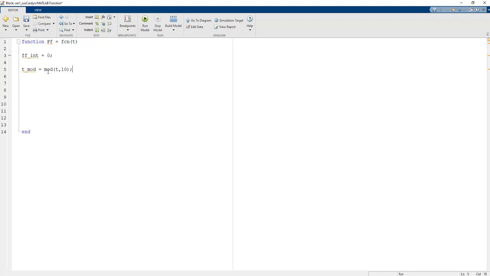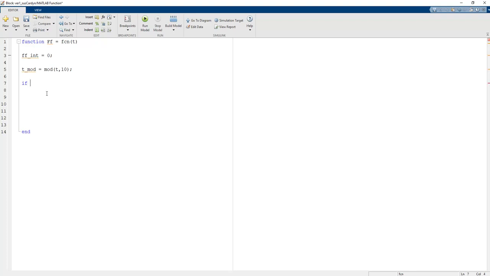It's used to create a periodic force, because every 10 seconds this code is repeated by using this mod. The range of t mode is 0 to 10 seconds, and we can condition t mode in order to create the proper force dynamics.